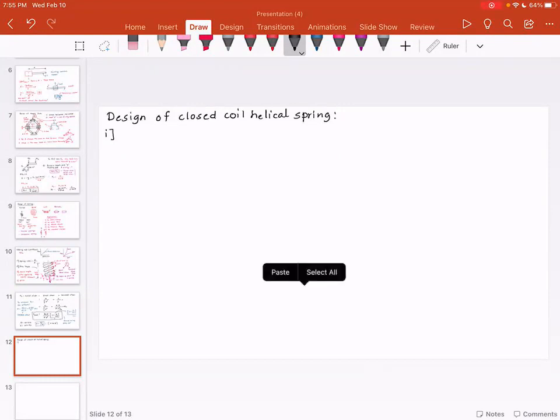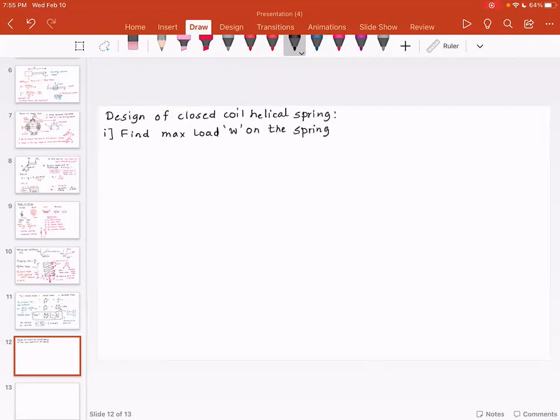The first thing is find maximum load W on the spring. Then the next thing is find out the torque that is applied on the spring.